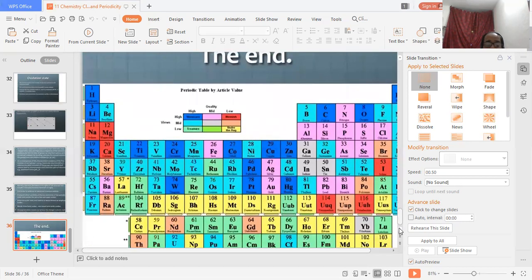So this is enough for this chapter, and this is our modern periodic table. Again, you see the colors: blue is high, this color is mild, and this is the low. This is the mild, and this is the lower category.